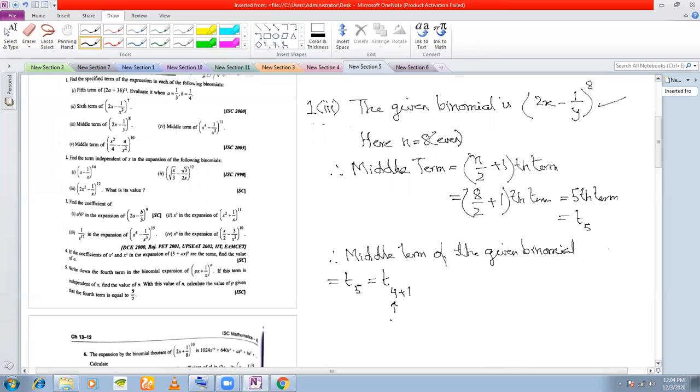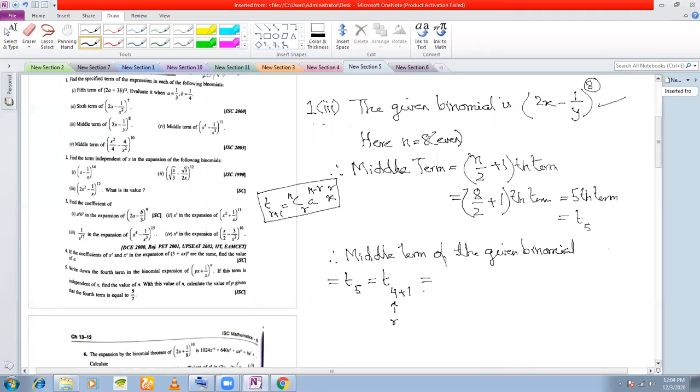So the value of r here is 4. And n here is 8. And what is that middle term? If you remember the formula, Tr plus 1 is equal to nCr a to the power of n minus r x to the power of r.